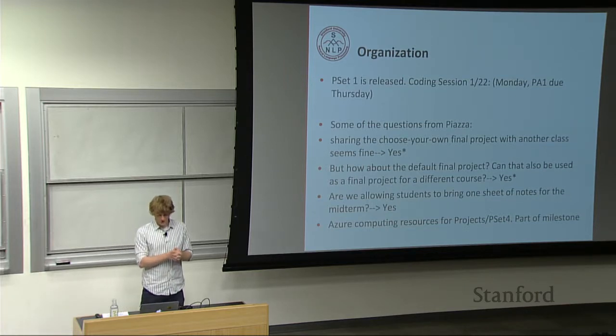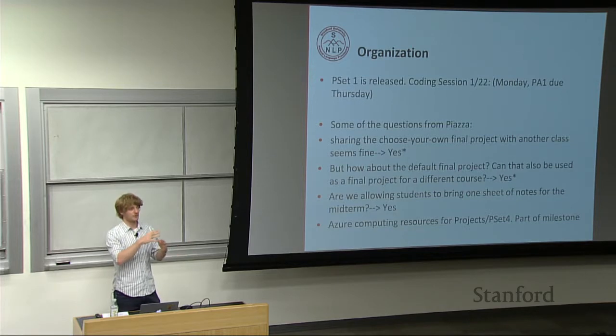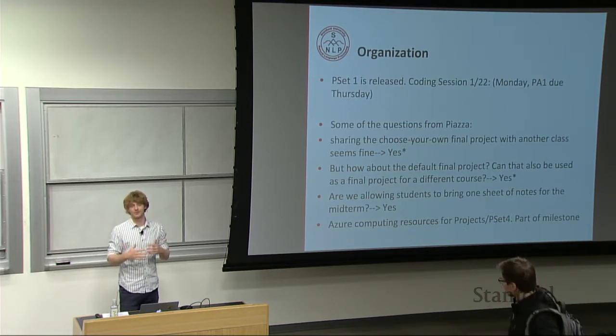And yes, you can choose a project and have that sort of double count for another class. It comes up a bunch. There are other classes like mining massive data sets. Those massive data sets might be language data sets, and it could make sense to jointly do this. Of course, you have to check with the other class if they're OK with that as well. Likewise, there are a bunch of people who do actual research, and that's fine too.